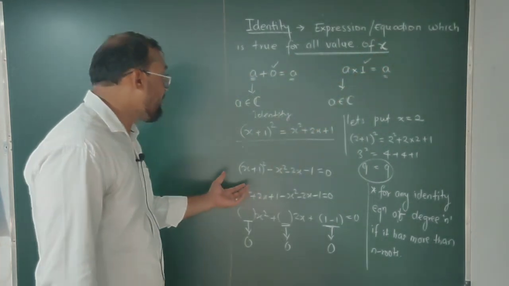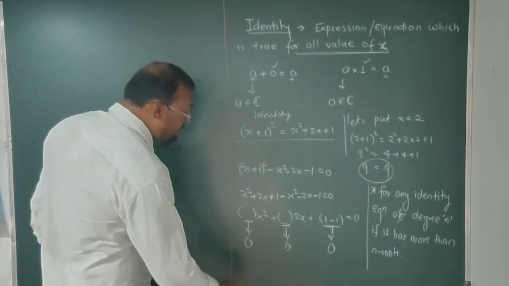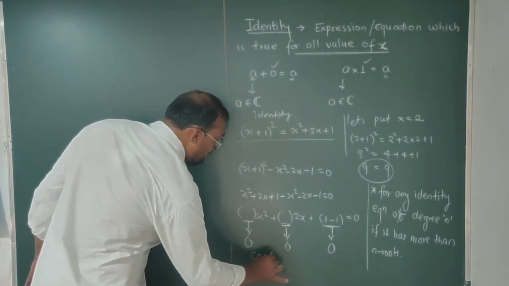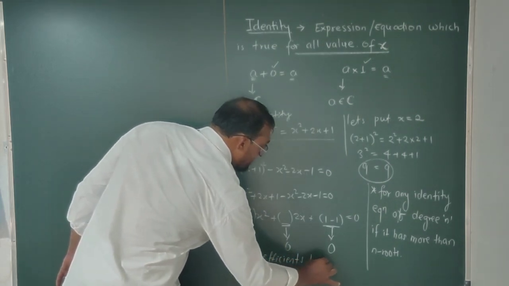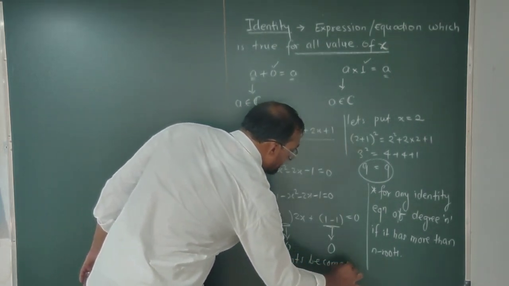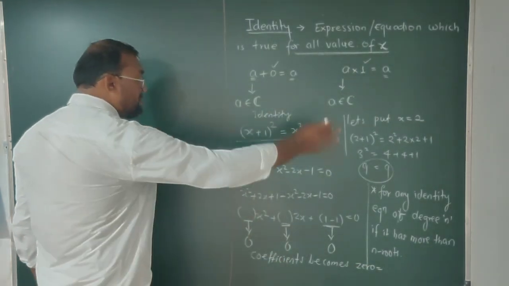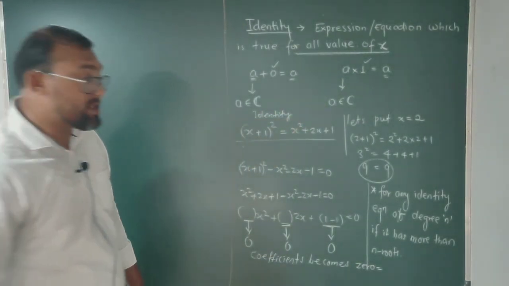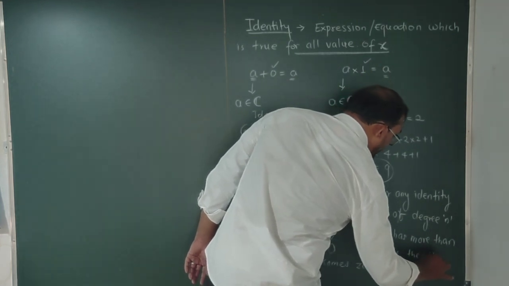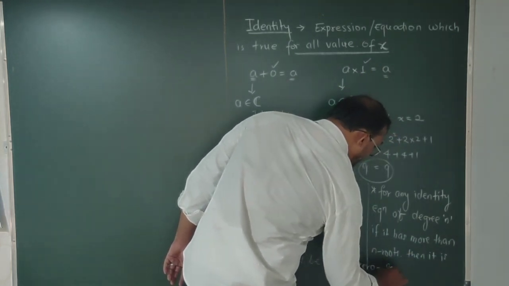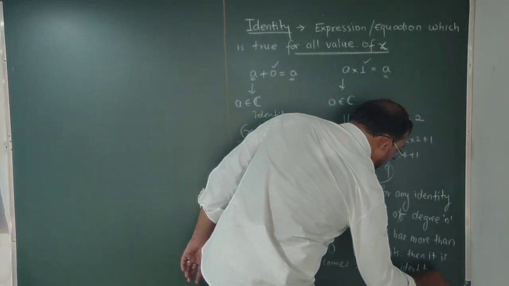If there are more values of x, then it means it is an identity. If it is an identity, then the coefficients become 0, because for 0 you can put any values here, it will always come out to be 0. If it has more than n roots, then it is an identity. This is a very important thing.